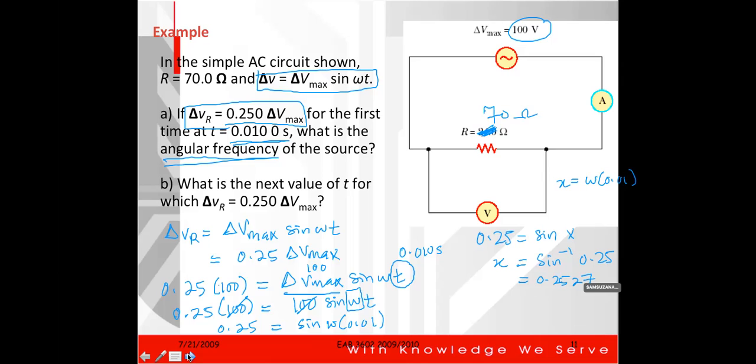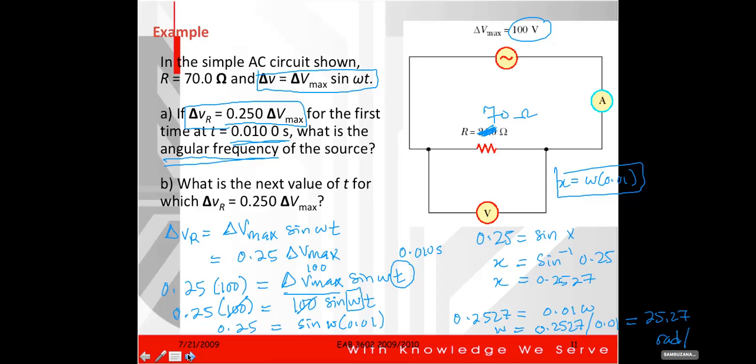Okay, that is X. So 0.2527 is equal to 0.01 omega kan? So kat situ boleh cari tak omega berapa? Omega is equal to 0.2527 bahagi 0.01. So you akan dapat jawapan dia 25.27 radian per second. Okay. So that is how you calculate untuk soalan A.